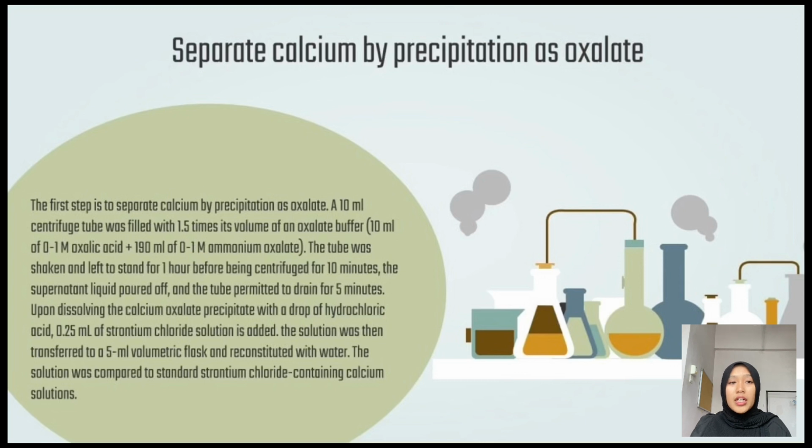Upon dissolving the calcium oxalate precipitate with a drop of hydrochloric acid, 0.25 mm of strontium chloride solution is added. The solution was then transferred to a 5 mm volumetric flask and reconstituted with water. The solution was compared to standard strontium chloride containing calcium solution.